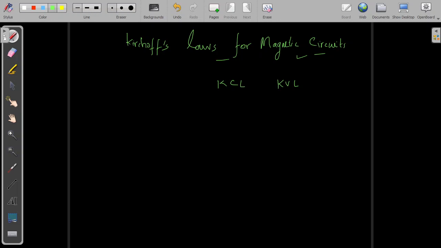So the conclusion is that if you can define Kirchhoff's laws for electrical circuits, namely Kirchhoff's current law and Kirchhoff's voltage law, then there should be analogous Kirchhoff's laws, two laws again, for magnetic circuits also. From that discussion we come to the conclusion that Kirchhoff's laws can also be defined for magnetic circuits.